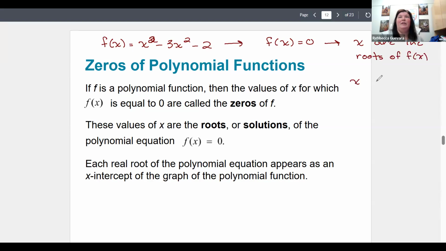We also call them solutions. So x are the solutions of x squared minus 3x minus 2 equals 0.